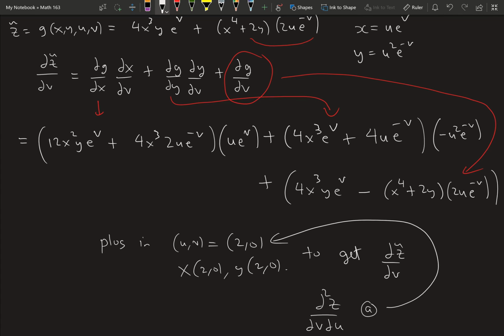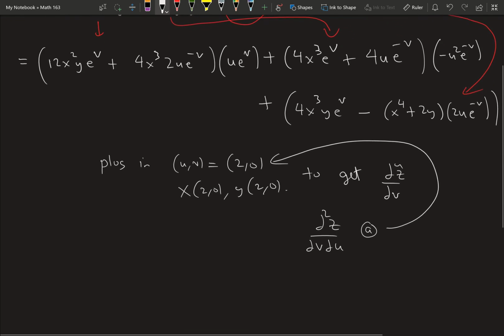Okay, so this was just again another exercise in taking partial derivatives. So that's what we get.